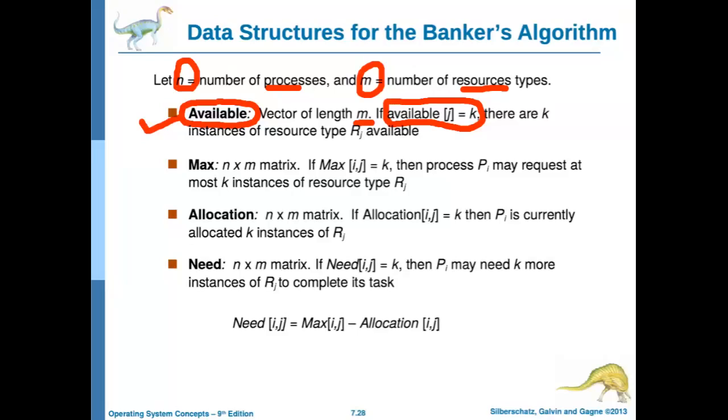Second data structure is max. This matrix is n by m, so n rows and m columns. If max of ij is equal to k, then process Pi may request at most k instances of resource type Rj.